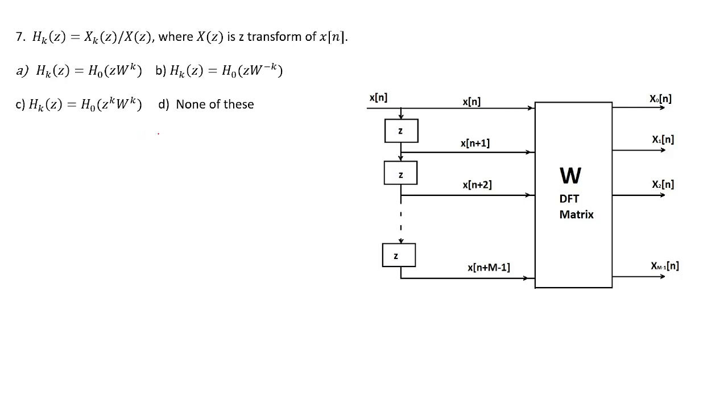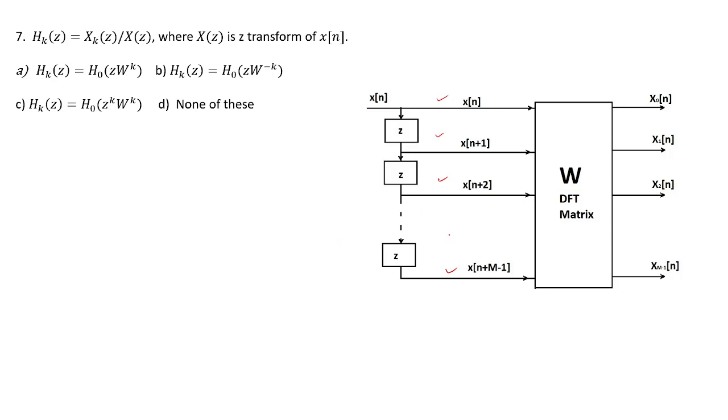Okay, now let us move to the DFT representation. Here you have seen this is a sequence x[n] and different shifted versions of x[n], basically M shifted versions, where this is x[n+M-1] corresponding to the delayed version of x[n] by M-1 units.